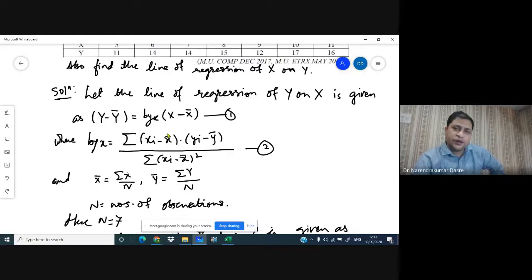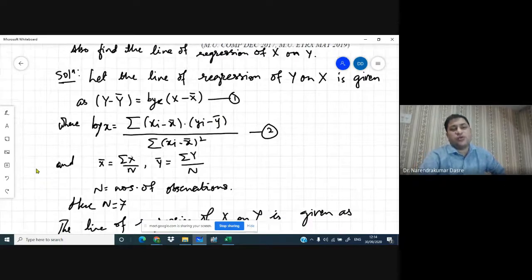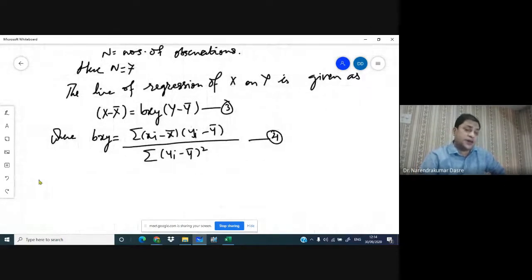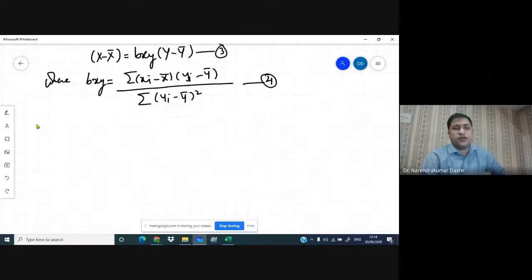For that I need to know x bar. Then I have to calculate y bar, so I will know yi minus y bar. Then I have to square each of these terms, and I want to find the product of these two terms. This is how we decide the steps and the columns of the table.